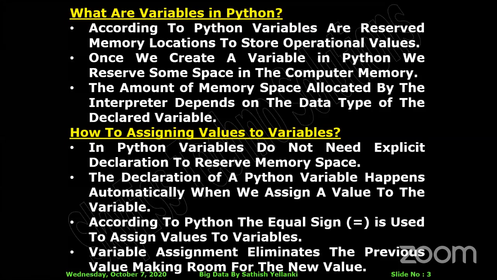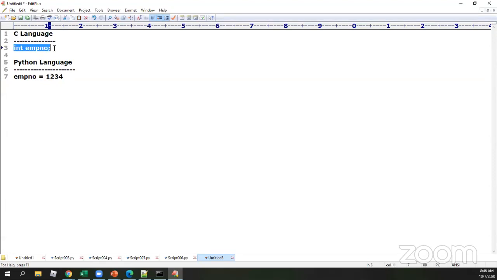Therefore, the declaration of a Python variable happens automatically when we assign a value to the variable. So you should understand, in languages like C, if you declare this, your variable declaration has been completed, yes or no? But in Python, if you write it like this, it's not a variable. As far as Python is concerned, a variable declaration will not happen just because you declared a name somewhere in the program.